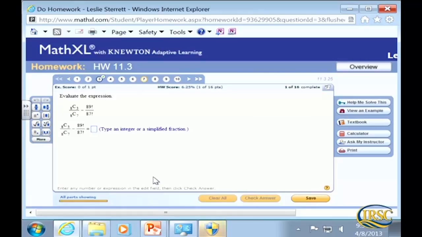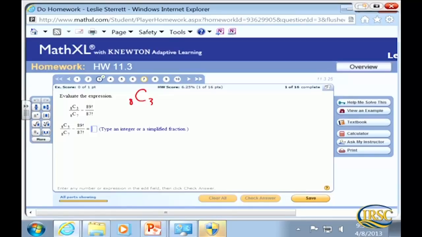Okay. So let me write this out a little bit bigger for you. You've got a combination of 8 choose 3, and that's being divided by a combination of 8 choose 7, but then we're subtracting 89 factorial over 87 factorial. Basically what they want to know is, can you follow order of operations in this problem? Do you know which portion you're supposed to do first?